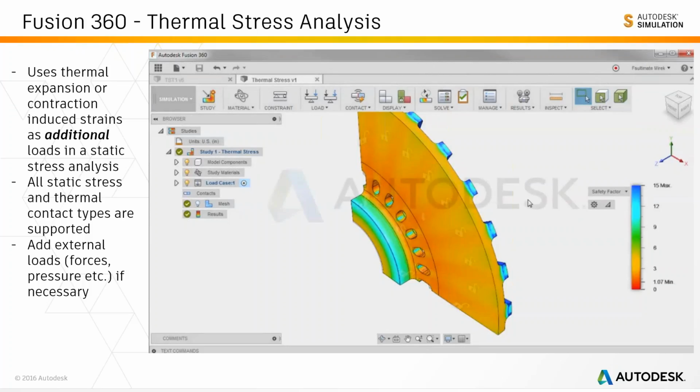So based on the boundary conditions, structural boundary conditions, and the fact that we have applied a heat source and material expands, we're looking at stresses due to that thermal expansion and an equivalent safety factor based on yield strength.